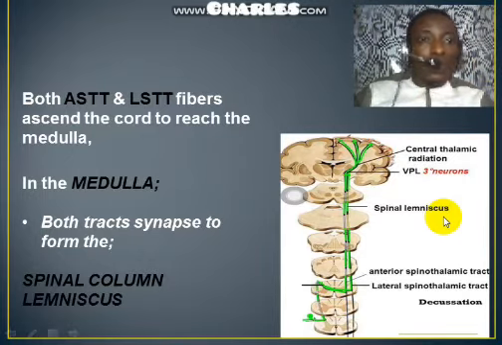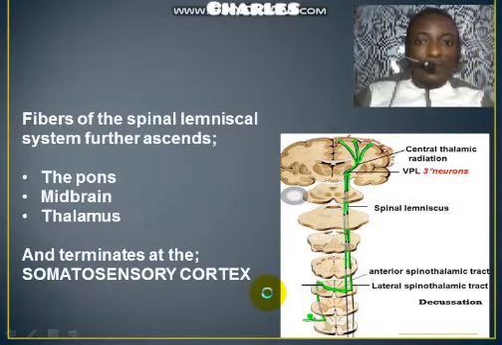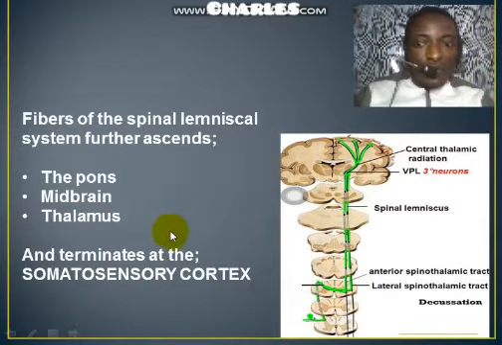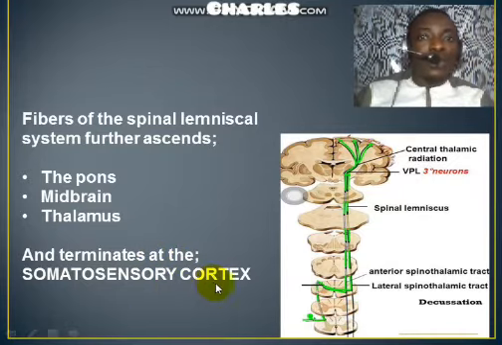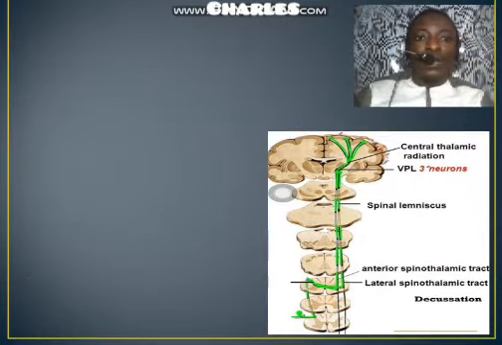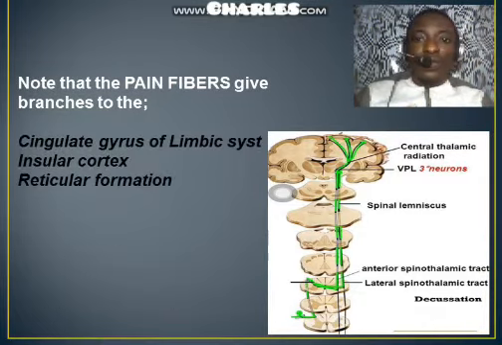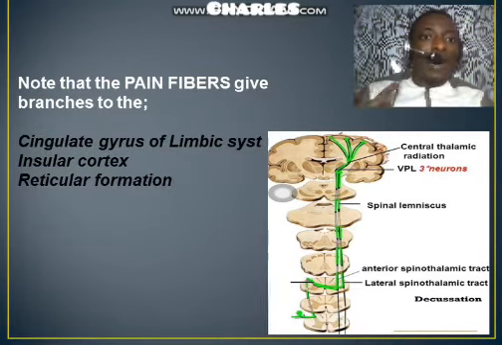The spinal column lemniscal system further ascends the pons, the midbrain, the thalamus, and terminates at the somatosensory cortex. Alright, good. Now, take note that the pain fibers give rise to branches to the cingulate gyrus of the limbic system, the insular cortex, and the reticular formation.